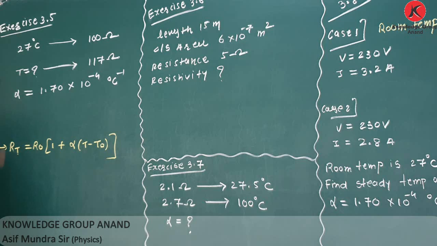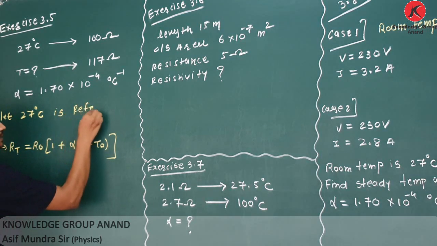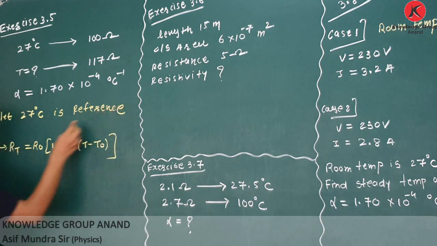Now, how to write these four things, the data? 27 degrees Celsius, 100. See, here you are not given any reference temperature, but you are given temperature 27 degrees Celsius. That is nothing but room temperature. So consider this room temperature as the reference temperature. So I am here assuming let 27 degrees Celsius be the reference temperature.